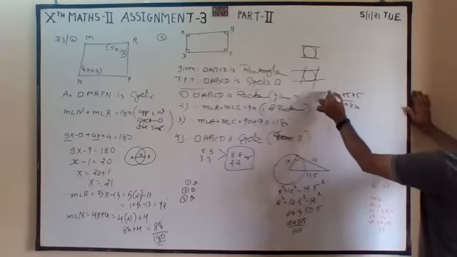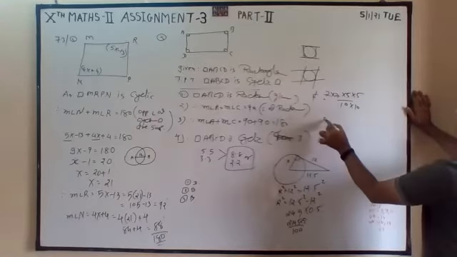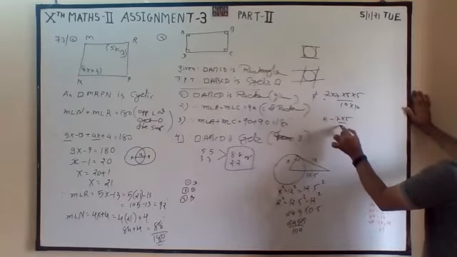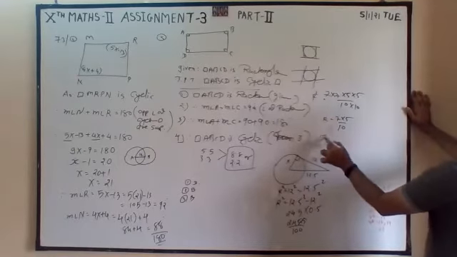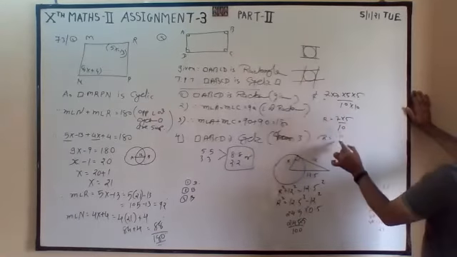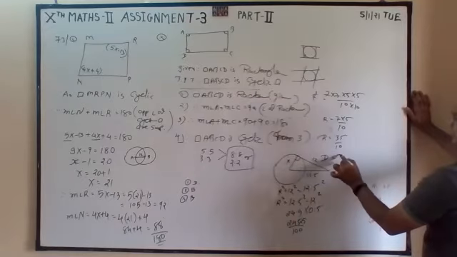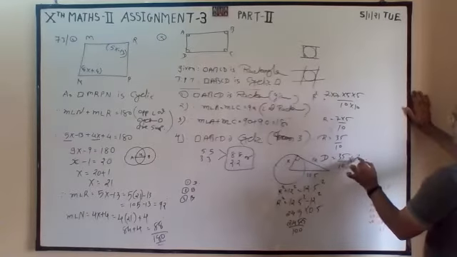So this you can say 7 into 7. So r square, so r is equal to 7 into 5 divided by 10. So r is equal to 35 by 10. So the diameter is 35 by 10 into 2.